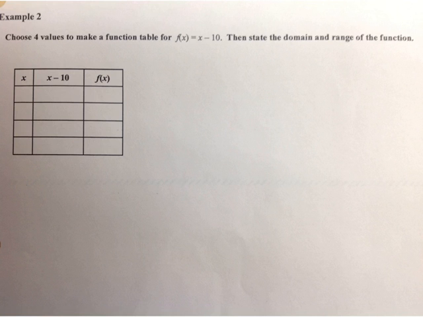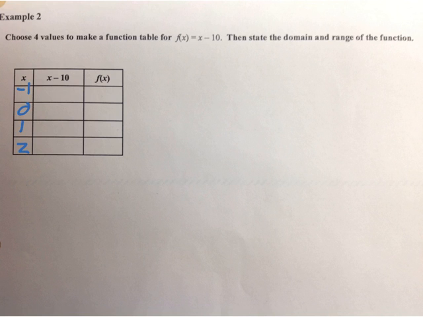Let's try another example. Choose 4 values to make a function table for f of x equals x minus 10, and then state the domain and range of the function. Again, I said we're going to use -1, 0, 1, and 2, just so that if we were to graph this on a coordinate plane, we'd have values in multiple quadrants.